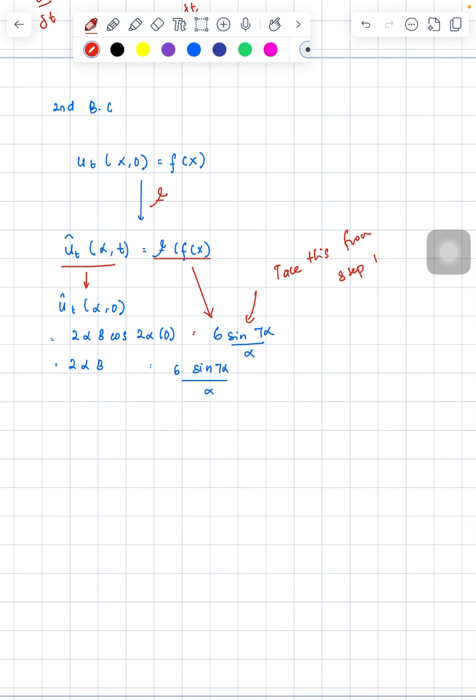Okay, we can solve for this. So we will get b equals 3 sine 7 alpha over alpha square. This is our b.